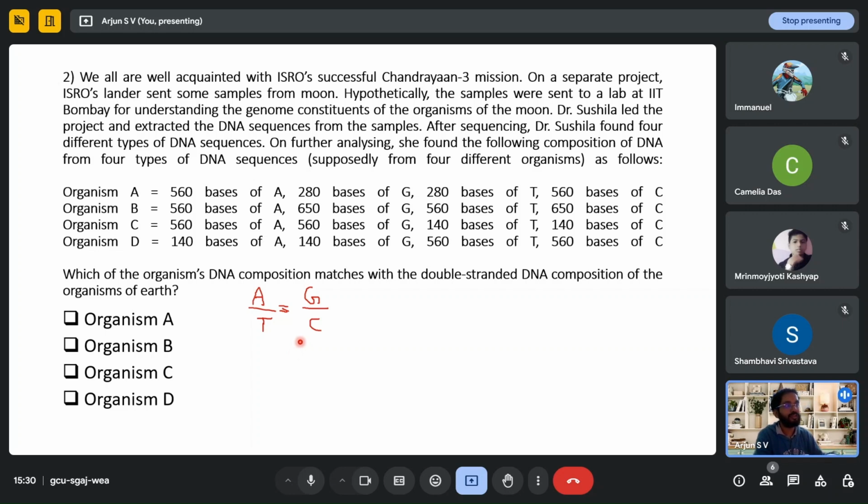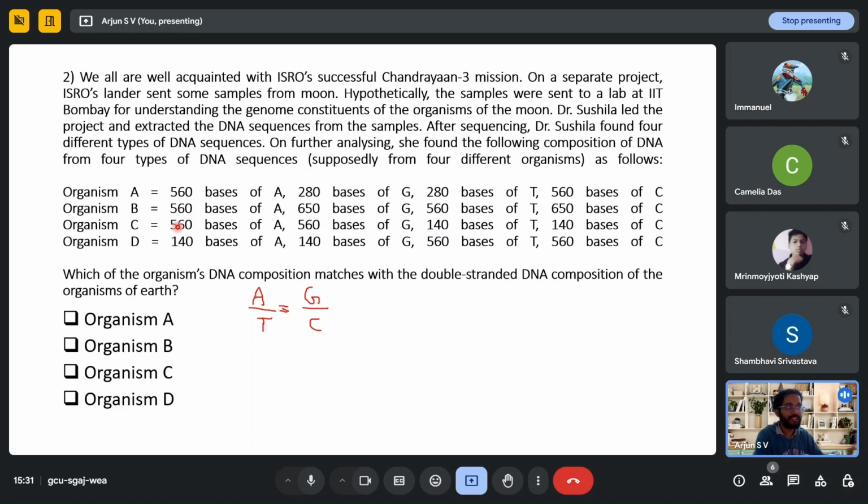If you go by organism A, we have 560 by 280, which is 2, but 280 by 560 is 1 by 2. So it is not correct. In organism B, 560 by 560 is 1, and 650 by 650 is 1.